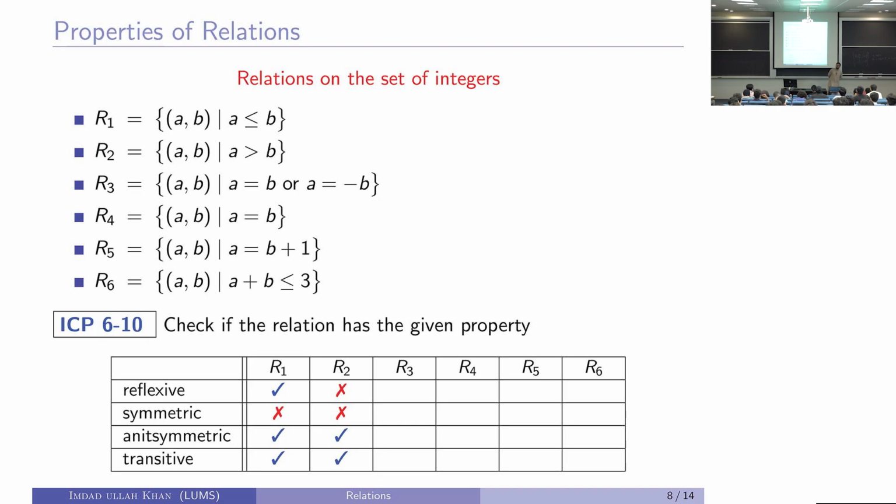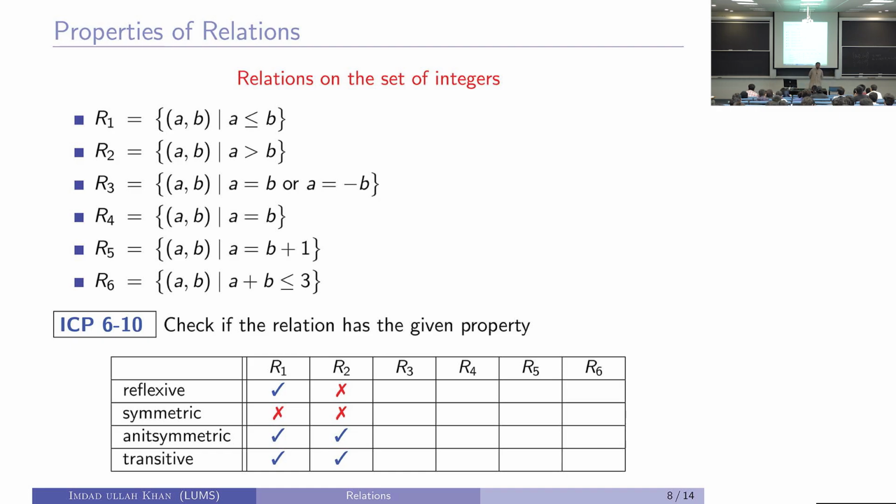Somebody else who wants to say something? If a number is less than or equal to another number, then that other number can be less than or equal to the first number only if they are equal. So if A is less than or equal to B, then B cannot be less than or equal to A unless B is equal to A, right?